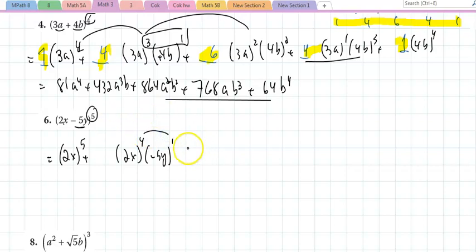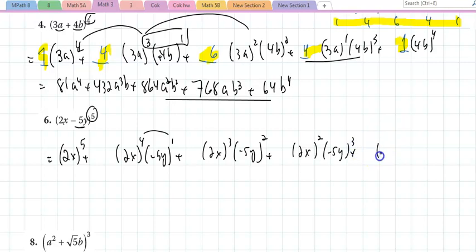Those must add up to 5 all the time. Then the 2x cubed, negative 5y squared, plus the 2x squared, and that means this is the cube, 2x to the 1, negative 5y to the 4th, and a negative 5y to the 5th power.